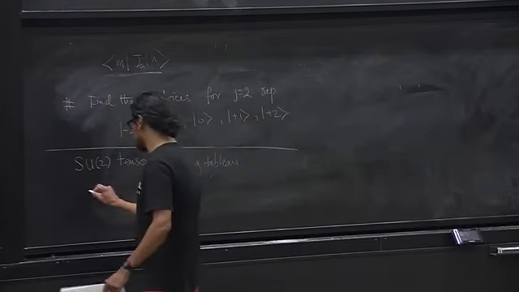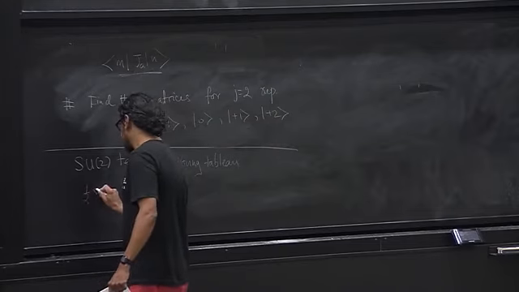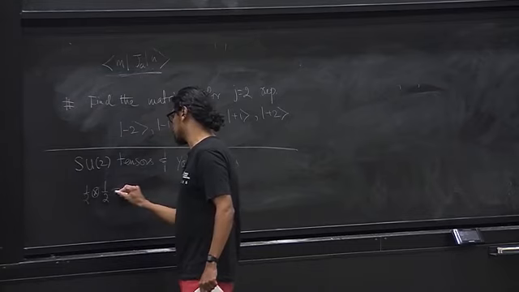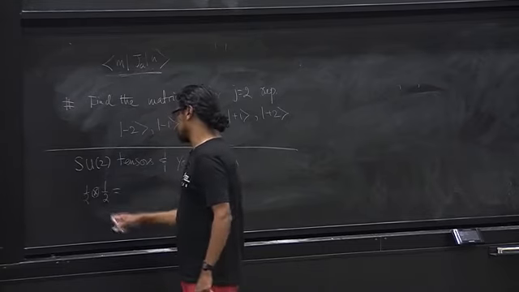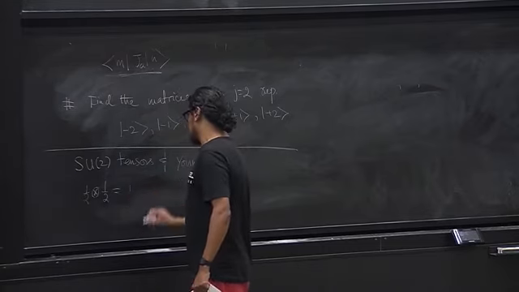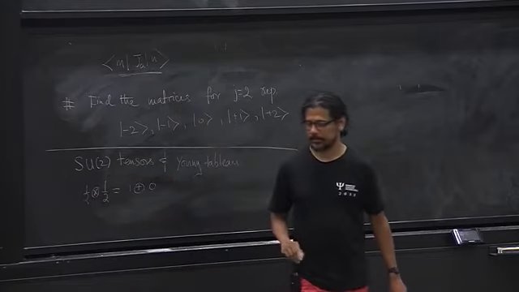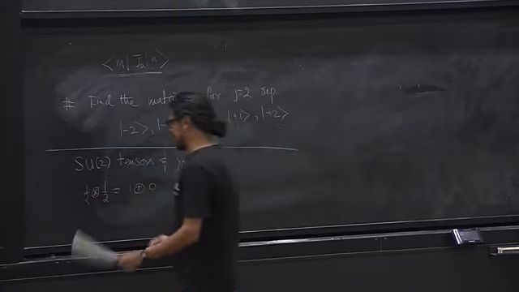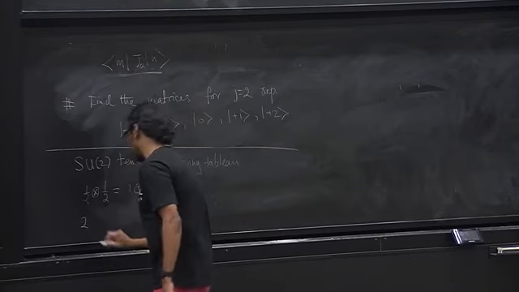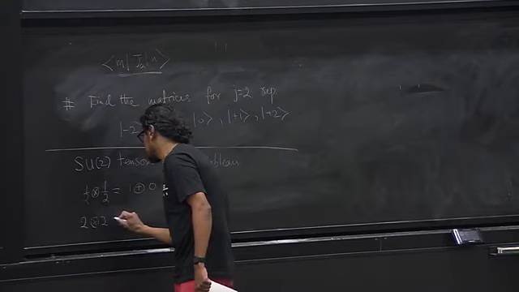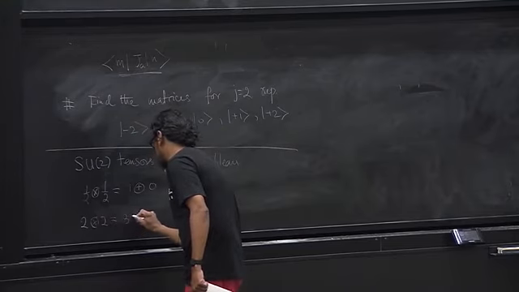The kind of question we want to ask is: you have a spin half representation, you tensor with another spin half, say two electrons. We know that we get a spin 1 plus a singlet, a spin 0. So in group theory language, we write this as 2 times 2 equals 3 plus 1.